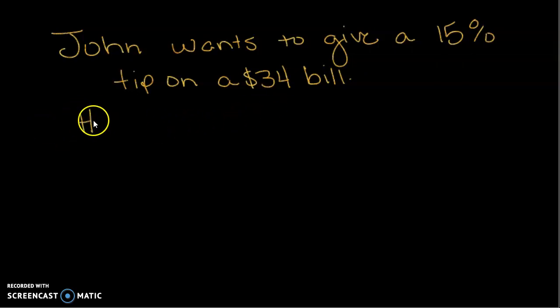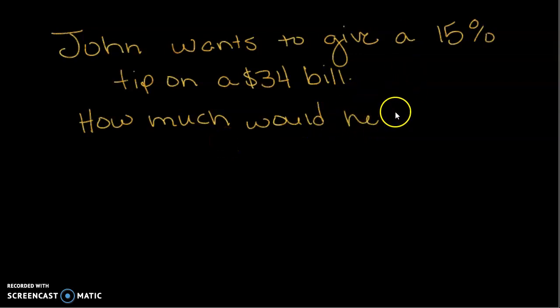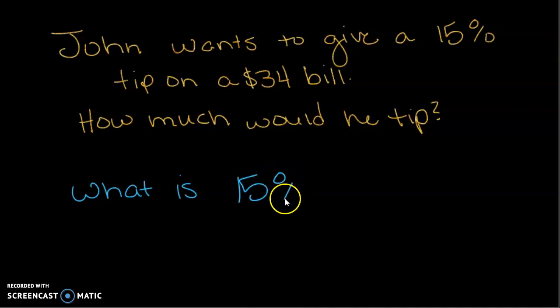So how much would he give in tip? This one's not as easy to figure out because it's not giving you that easy question. So how much would he tip? Sometimes when I read these, I ask myself, what do I have to figure out? Oh, I need to figure out what is 15% of 34.